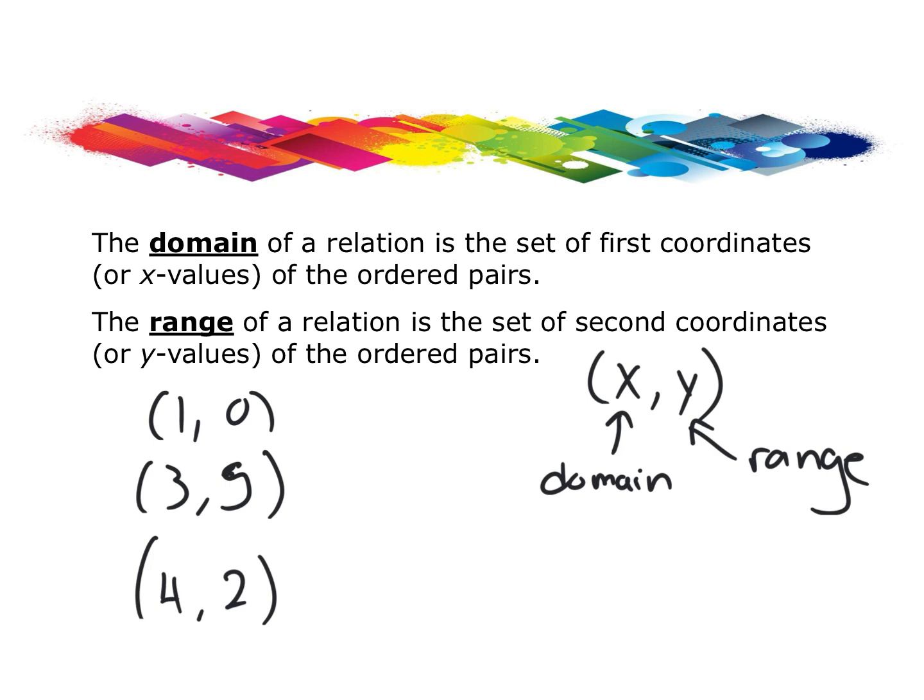Here, the 1, 3, and 4 are all domains. And here, the 0, 5, and 2 are all range. I color coordinated it with red and blue for this example, but that's always going to be the case. The x is always a domain, and the y is always the range.